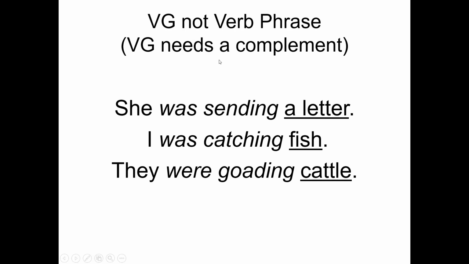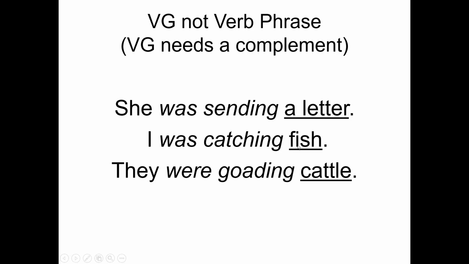And look at the first sentence here. She was sending a letter. Was sending is a verb group because it only contains verbs, but it's not a complete verb phrase because you can't finish the sentence here after the verb group. What was she doing when you saw her at the crossroads? You can't say just "she was sending."